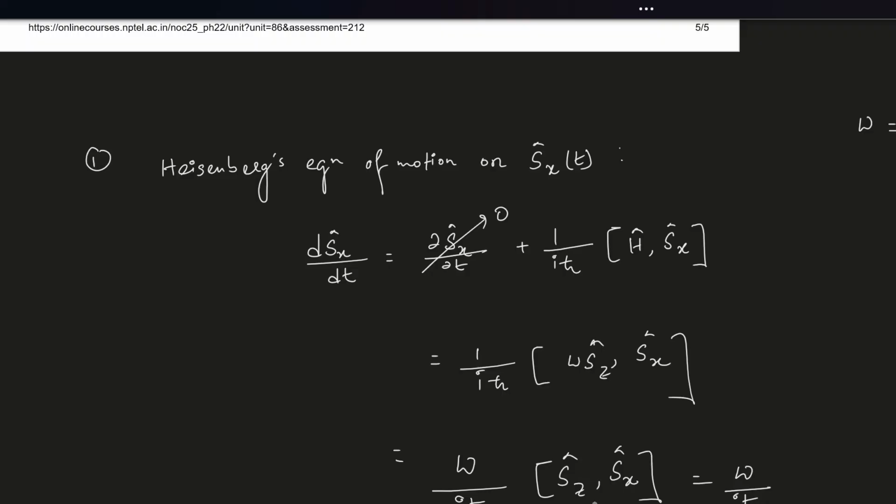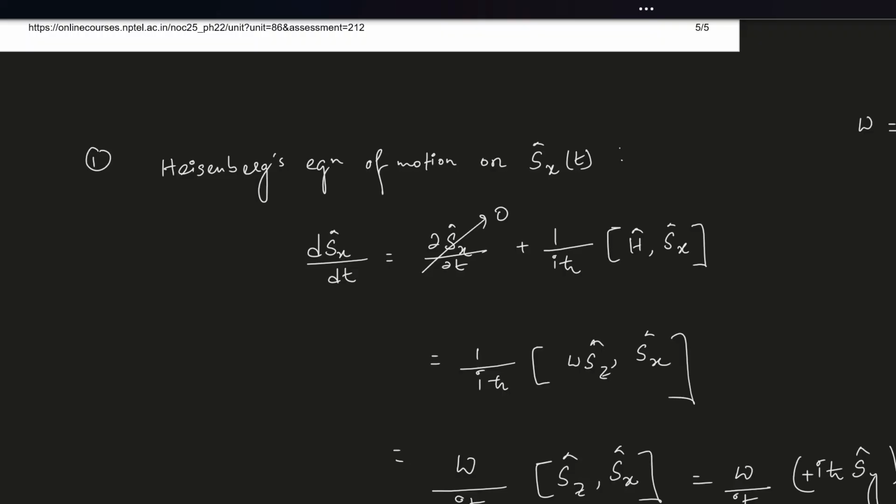This kind of operator relation will give you i h cut Sy cap, but you have to see whether they are in a cyclic order or not, because that decides the sign. So Sz and Sx will give you plus i h cut Sy, because you go x, y and then z, this is the cyclic order.